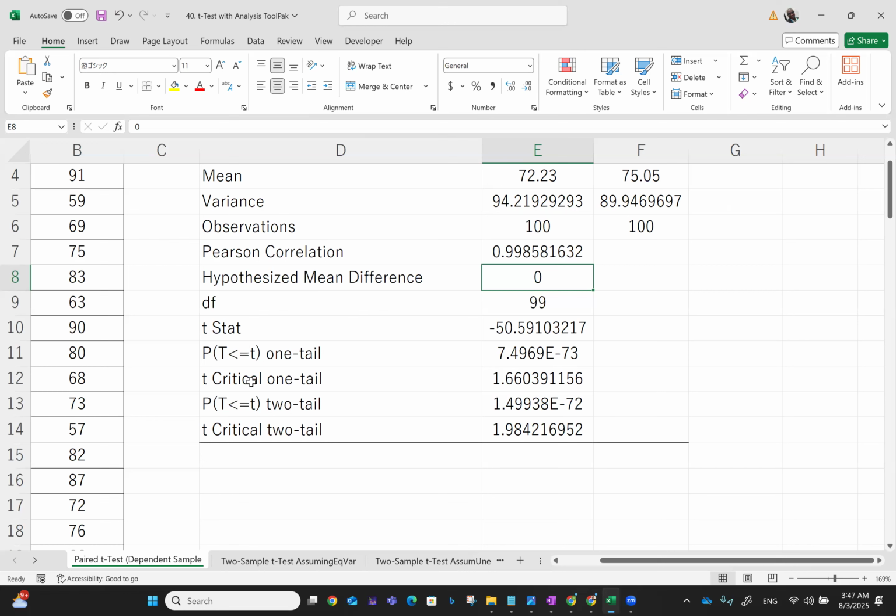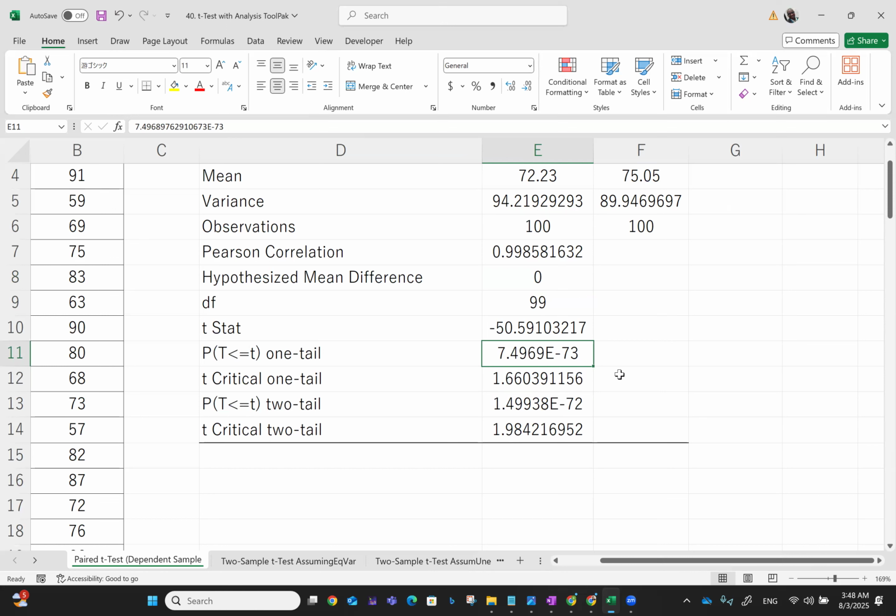For a one-tail test. So then the critical value for the one-tail test, that's something you read from the table. So the critical one-tail and two-tail are critical values for rejecting the null hypothesis. It means that if these values are greater than the critical value, then automatically you have to reject the null hypothesis. But you can see in the two cases, for either two-tail or one-tail, the probability is less than the critical value in each case, because these are very small values, 0.00000 all the way down.